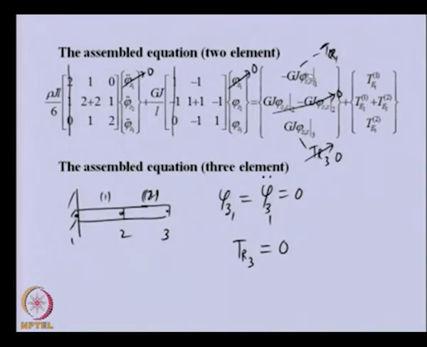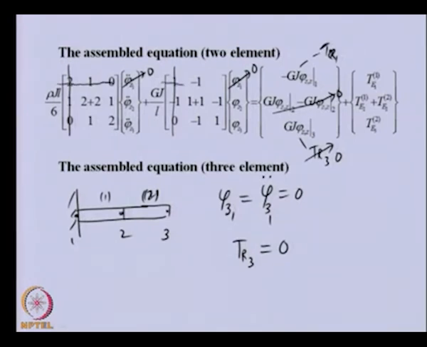Because in the right hand side we have one unknown, this particular equation which contains the additional unknown, we will eliminate from the equation. So the first row we can delete.